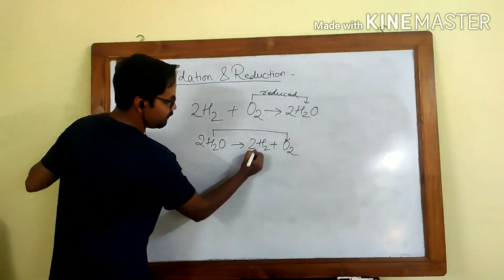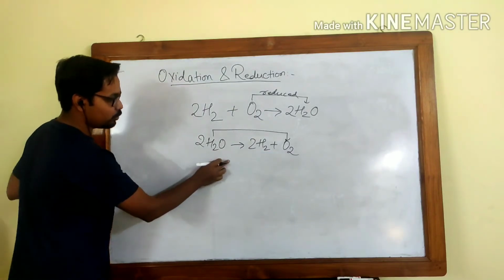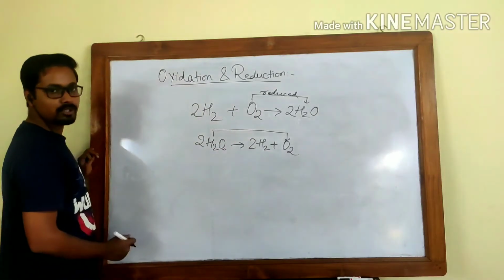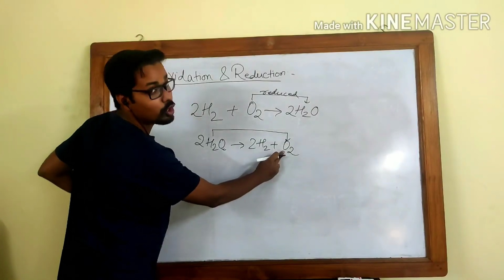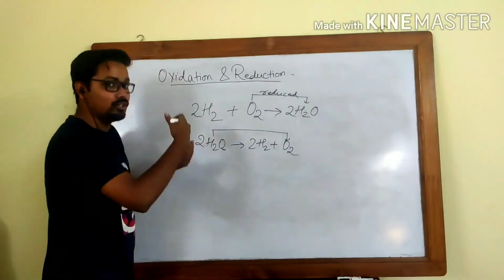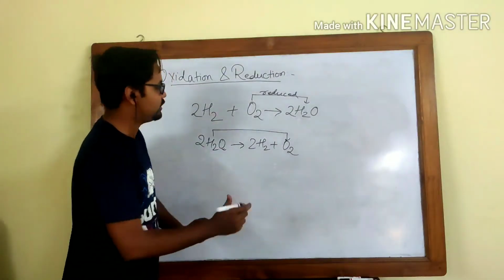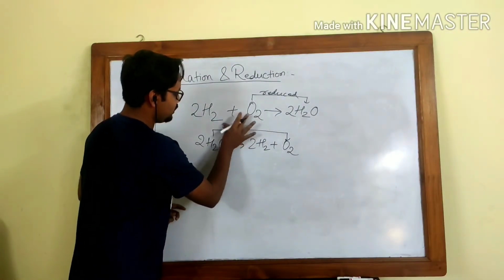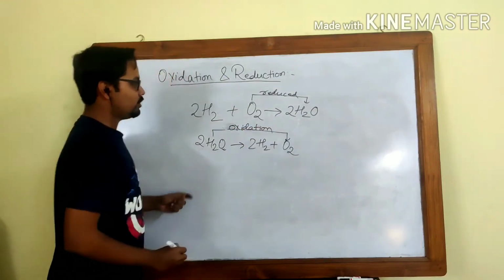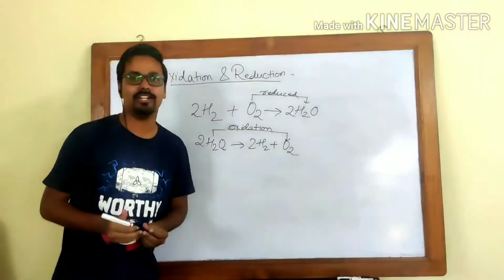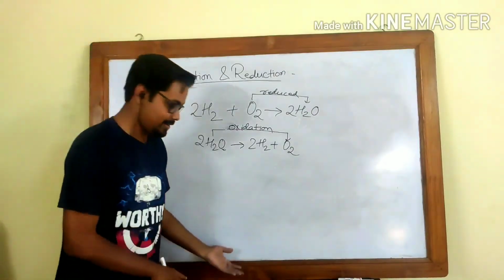We have 2H2 and O2, and here we had H2O. So let's look at oxygen. What happens to oxygen? Here it was with hydrogen. After the reaction, it has lost the hydrogen. So oxygen has lost hydrogen. So losing of hydrogen means oxidation reaction. These are the examples of reactions where hydrogen is lost or gained.